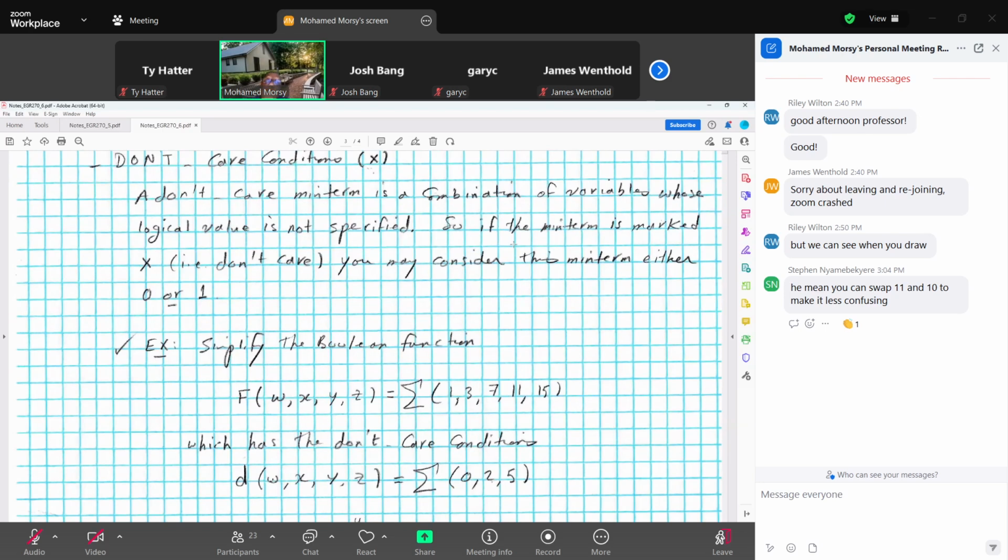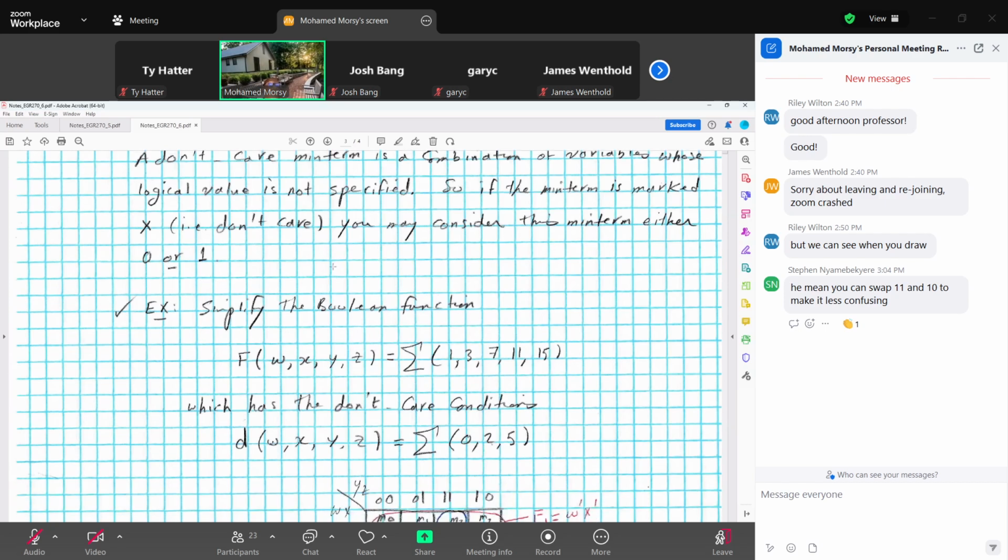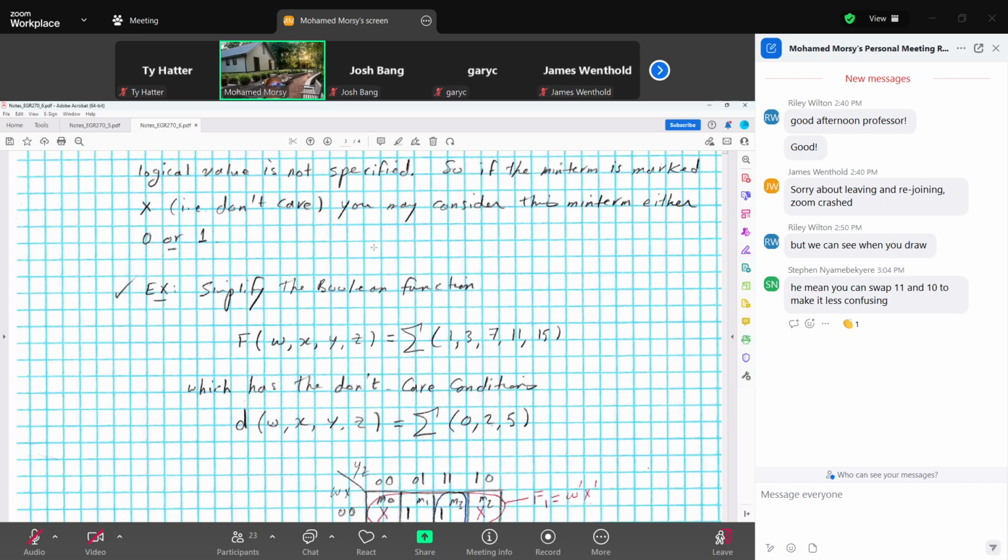It may be 0 or 1. It doesn't matter. Either 0, you get the same function as the output; 1, you get the same function as the output. So it doesn't matter. If the minterm is marked X, meaning don't care, you may consider this minterm either 0 or 1. It is up to your choice.